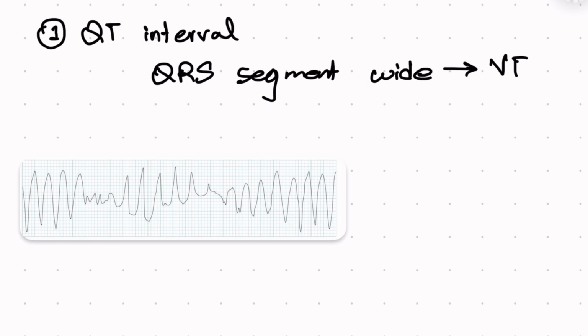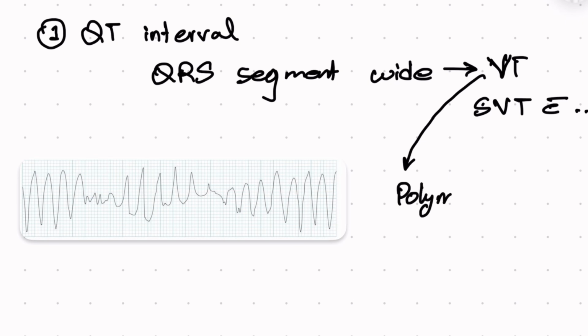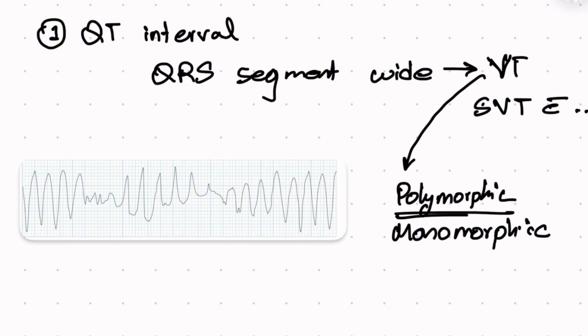One is VT and the other one is SVT with aberrant conduction. If it's a case of VT, we need to look at if it's polymorphic or monomorphic. In case of long QT syndrome, we generally find polymorphic VT.